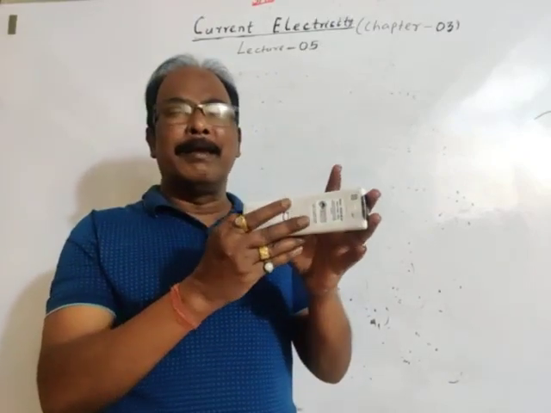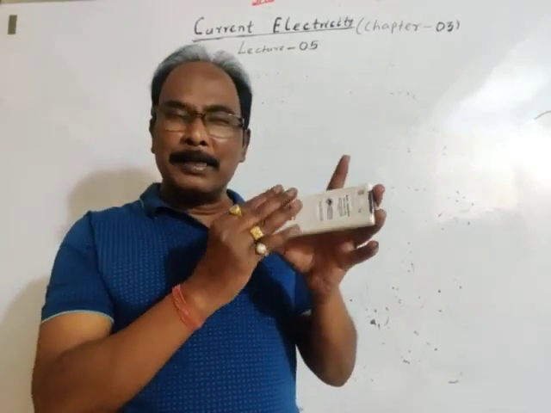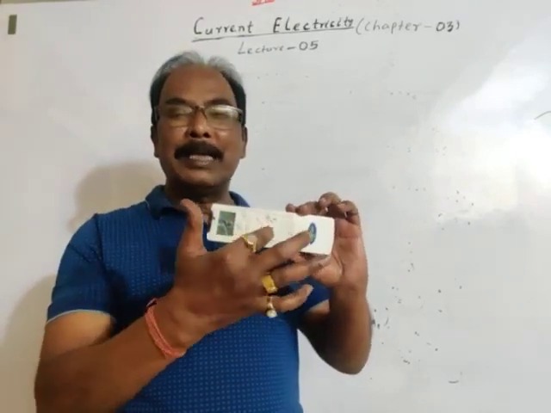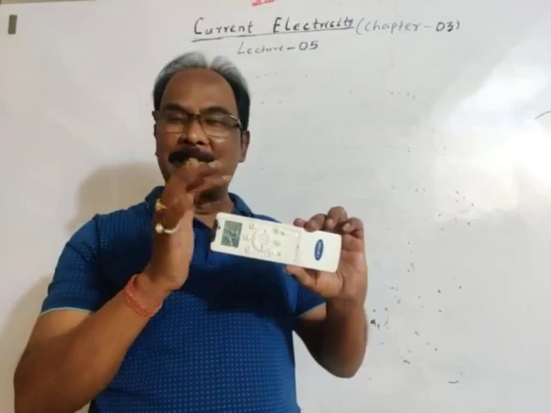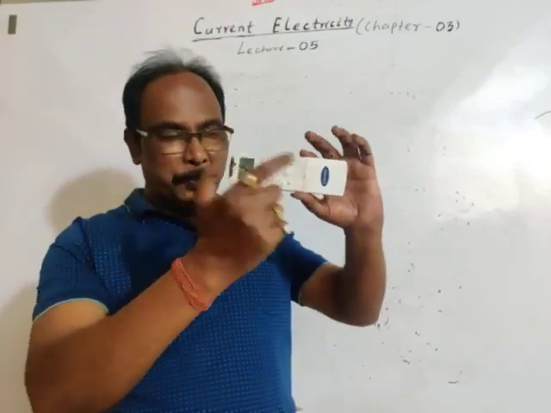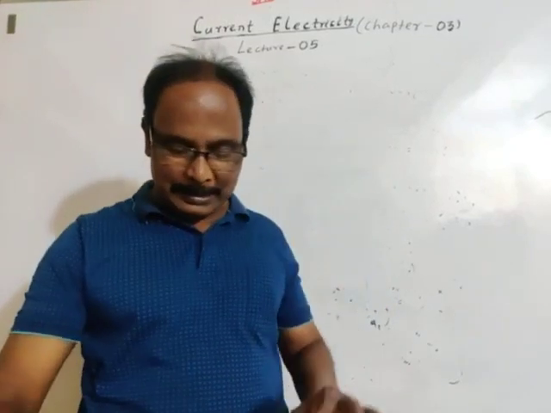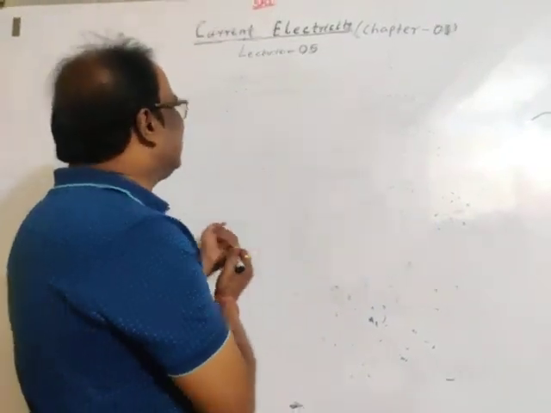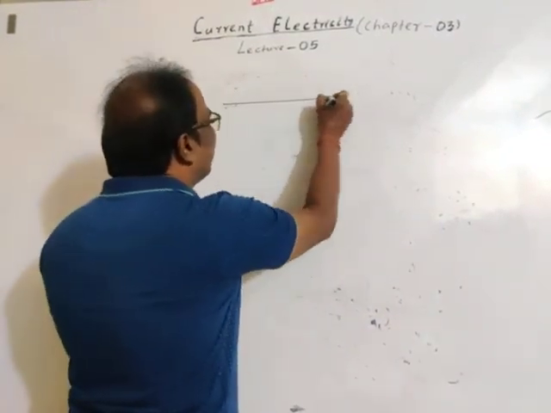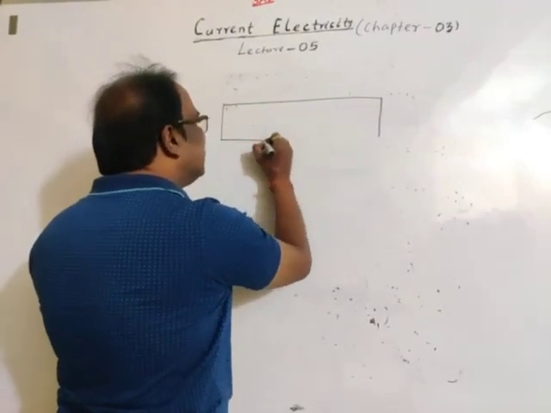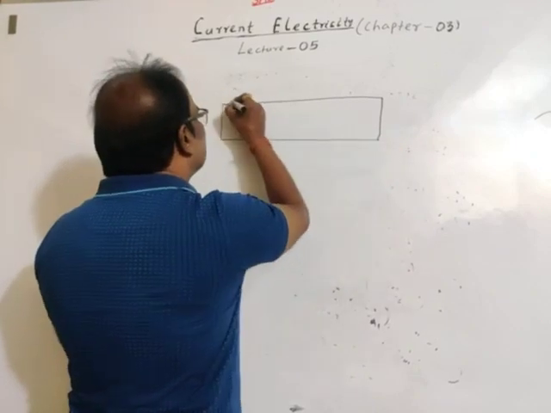Or you may take this as the area of cross-section and this as the area of cross-section. We have to find the resistance between two opposite faces, either between these two opposite faces or between these two opposite faces. Let's consider a rectangular block. That was the square cubical block, and this is a rectangular block.